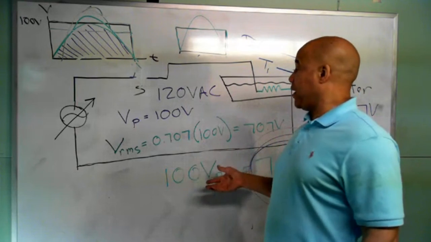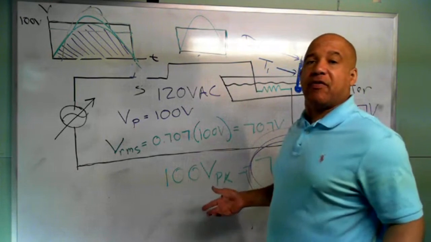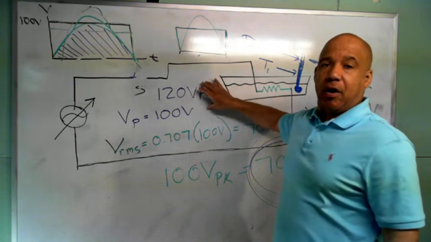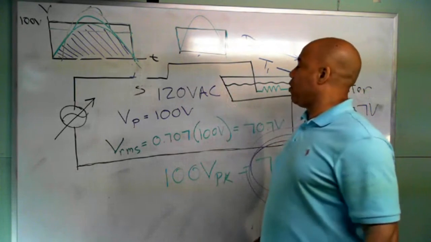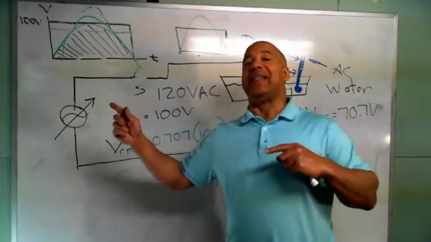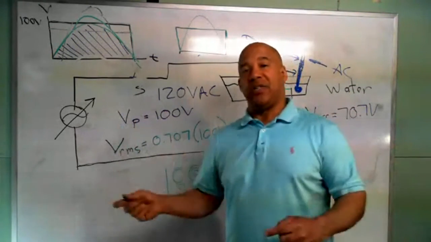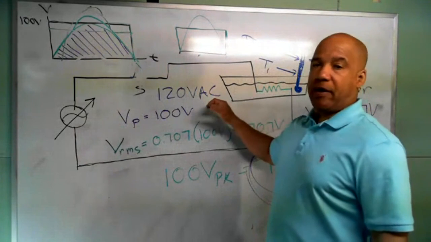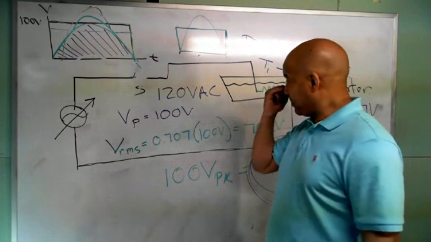The peak to peak or the average? Which one are they giving you? They're giving you the RMS value. They always give you the RMS value. So that's what's important because they're relating DC to AC, and vice versa. So for us in here, the RMS value is very, very important.